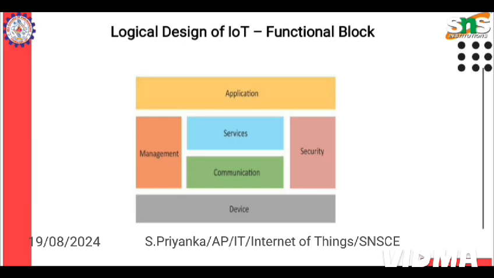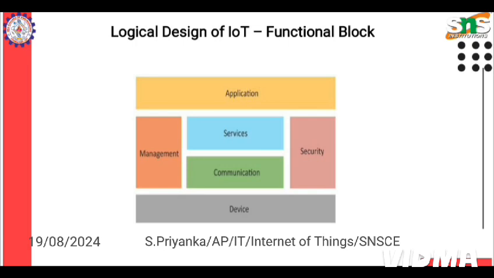Next is communication. The communication block handles the communication system. Next is the services. An IoT system uses various types of IoT services such as services for device monitoring, device controlling services, data publishing services, and services for device discovery. Next is the management.